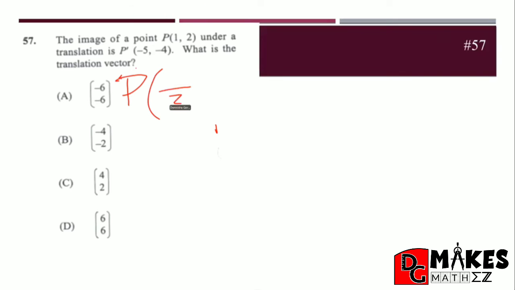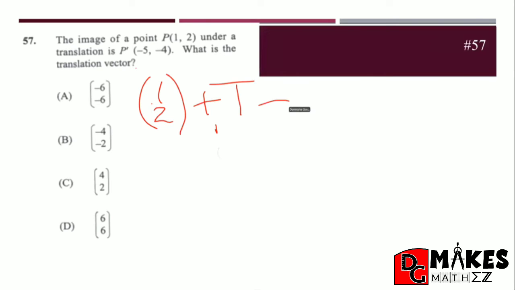We are going to just write it in vector form, 1, 2. And when we translate that vector, we're going to add the translation vector, and our result was the image, which is -5, -4, which means you and I need to figure out what could I add to 1, 2 to get -5, -4?